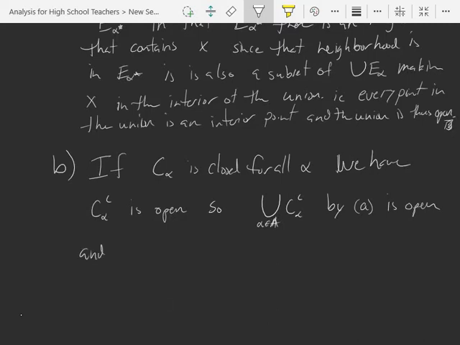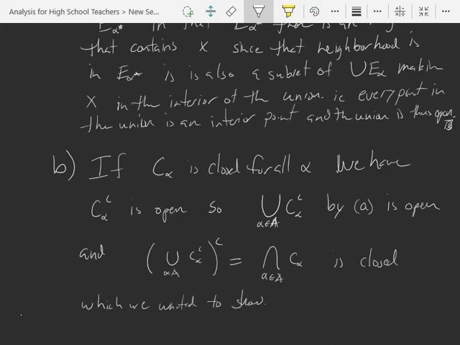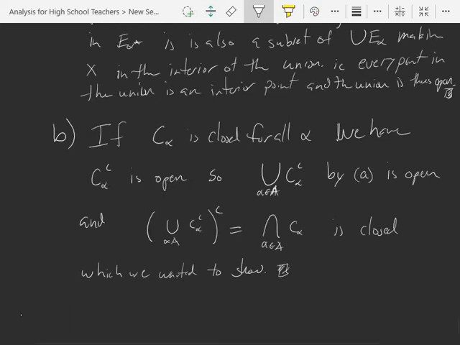And the complement here is equal to the intersection of the complements, which is closed, which is what we wanted to show. So there's B.